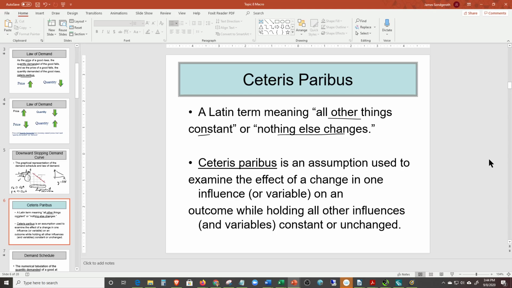So it is an assumption used to explain the effect of a change in one influencing variable on the outcome while holding all other influences and variables constant. So the outcome would be quantity demanded, the effect would be a change in price. We're holding all other things that might change quantity demanded constant, okay?